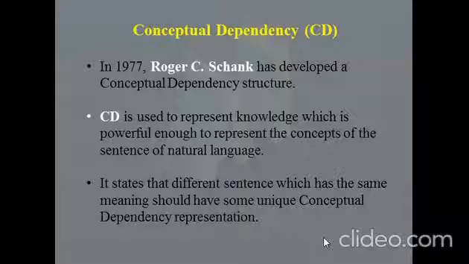The same concept statements can be represented using a unique format in the conceptual dependency form. So it states that different sentences which have the same meaning should have a unique conceptual dependency representation. Instead of having many representations, we will have a unique representation provided the concept is unique.